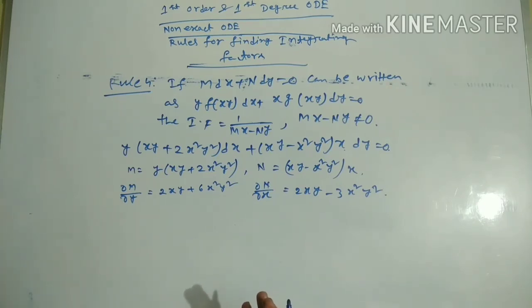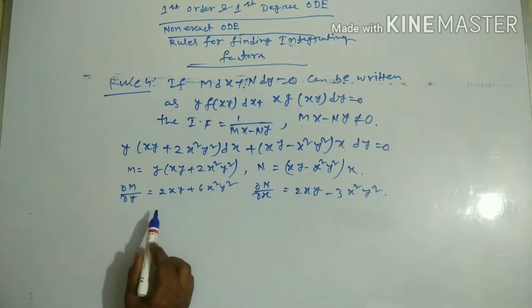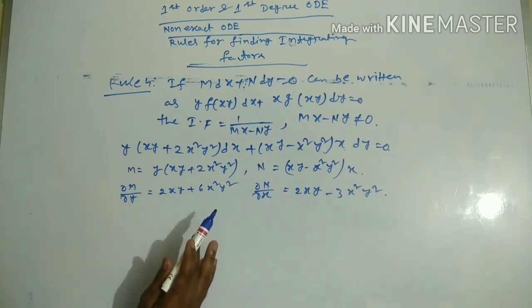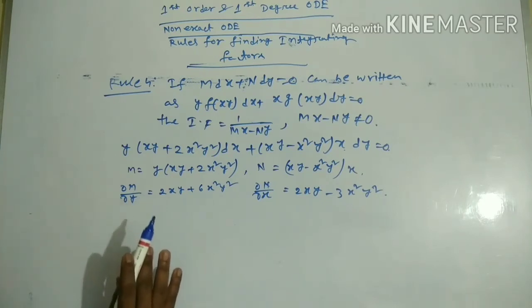I am only teaching you how to solve ordinary differential equations, and you should know this to learn solving ODE. Okay, so you can see that del M del y and del N del x are not equal, so this equation is non-exact.